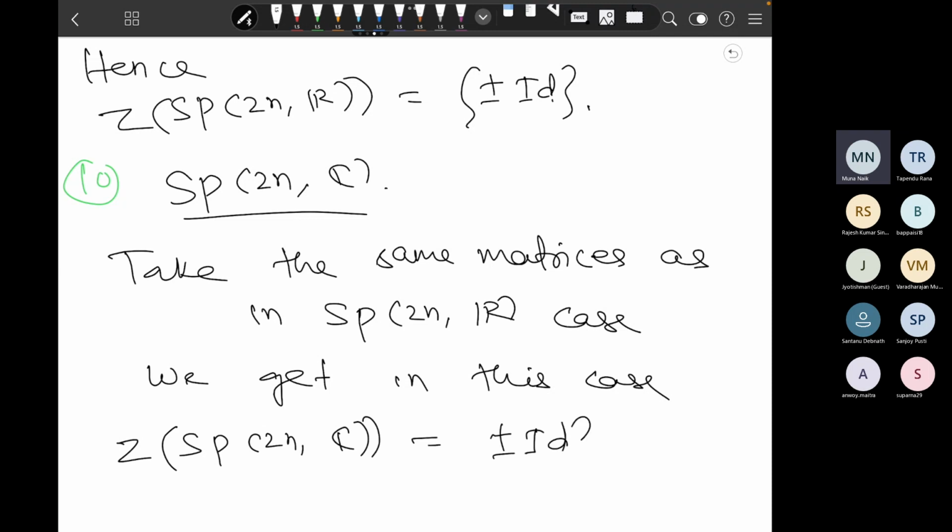So I have given you some examples of how to calculate the center of some familiar matrix groups. I will leave other things as an exercise. Spend 10-15 minutes on each exercise. If you do not get it, just let me know, or otherwise I will write everything in detail and send it to all of you when this course is over.